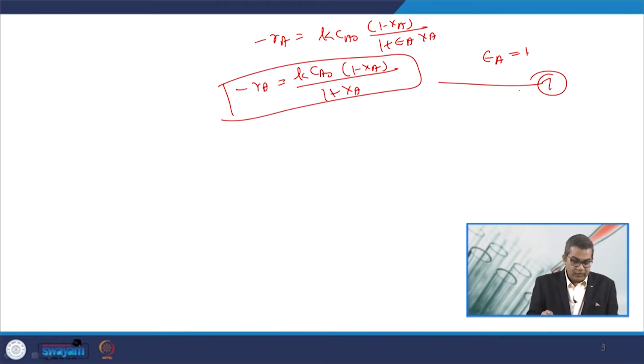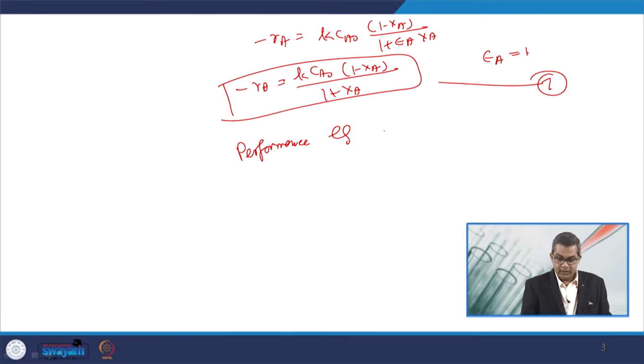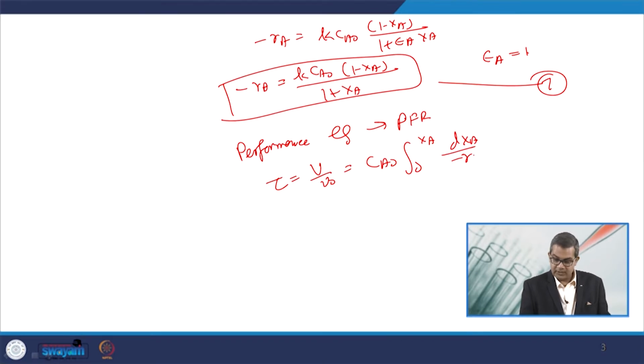So when we talk about the performance equation for PFR, it can be written as tau is equal to V upon nu, that is CA naught integral 0 to XA dXA upon minus rA, and that is equal to CA naught integral 0 to XA dXA (1 plus XA) upon k CA naught (1 minus XA).